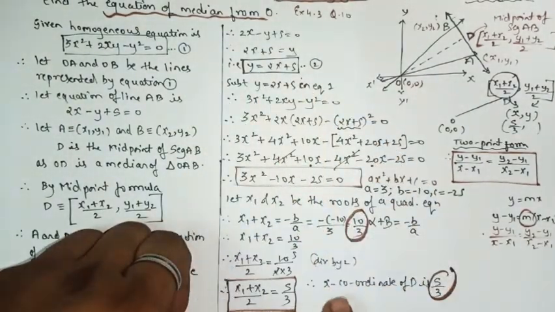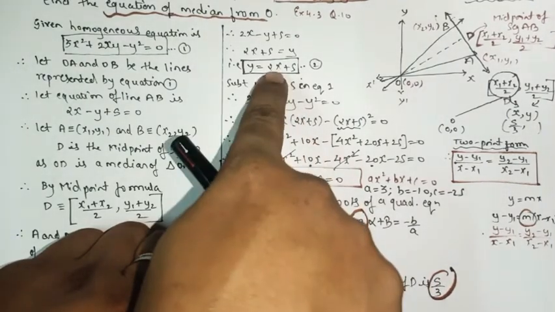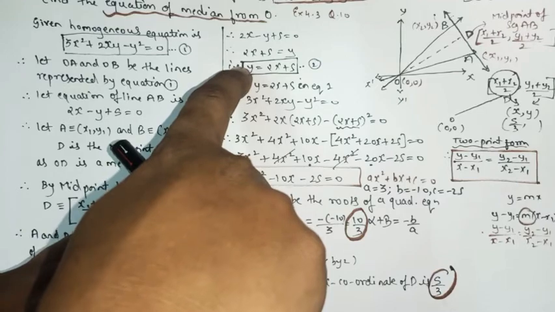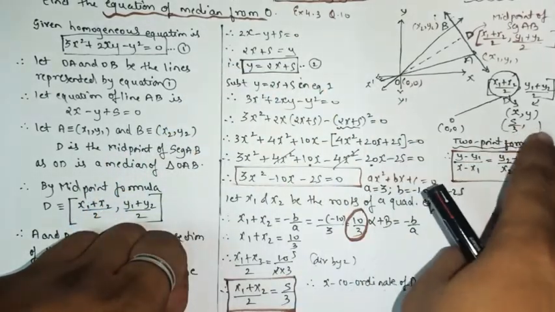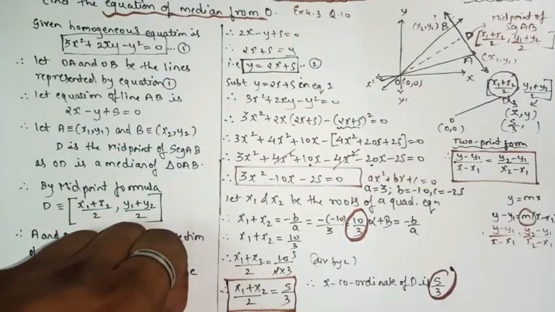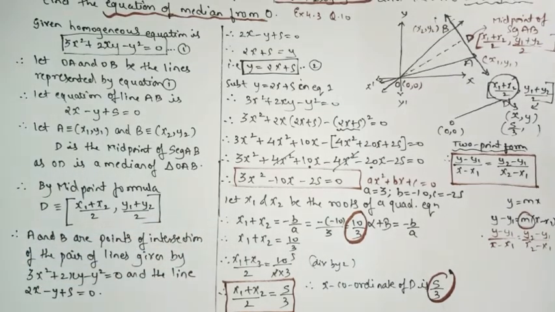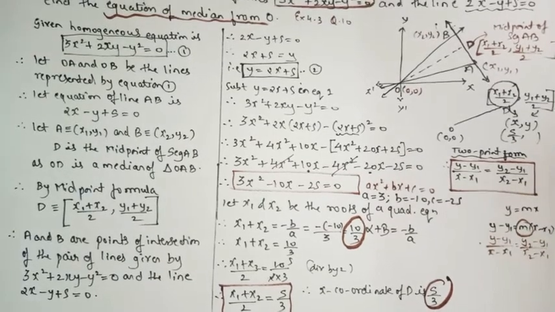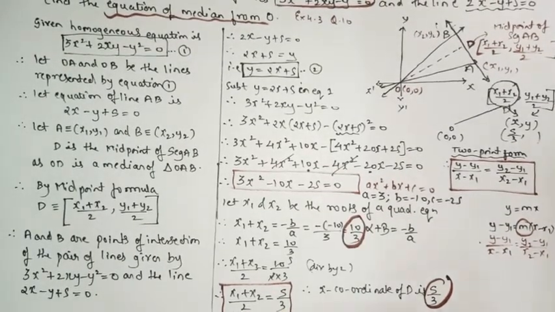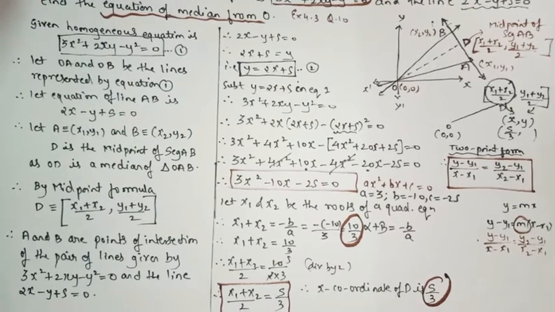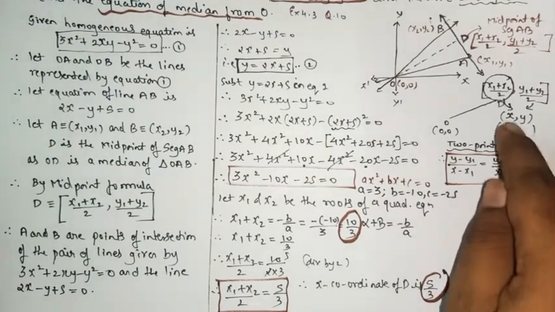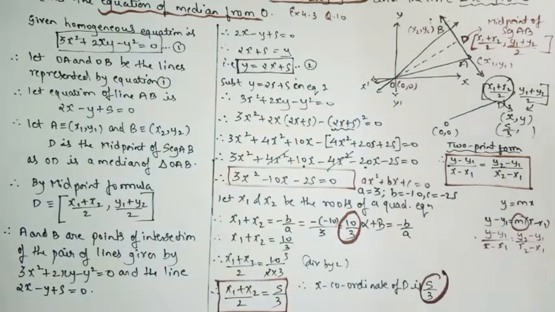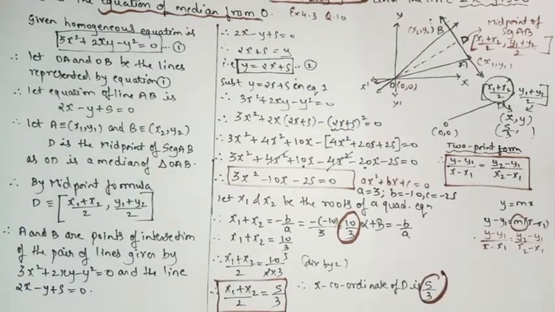As here we got the value of x, we'll substitute in equation number 2, and we will get the y coordinate, which is the coordinate of D. Understood the method? Okay. At the end I will explain the sum one more time, don't worry. As we got the x coordinate, to find the y coordinate of D, substitute the value in equation number 2. Now I will take one more page.